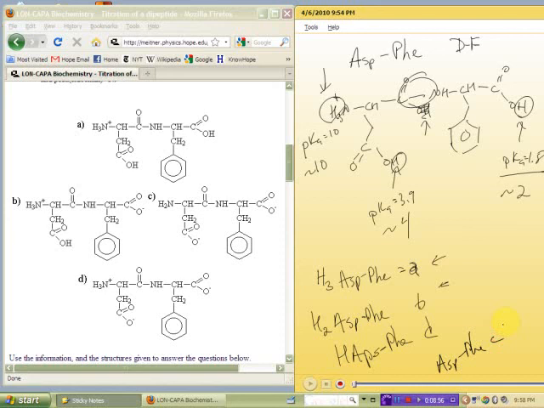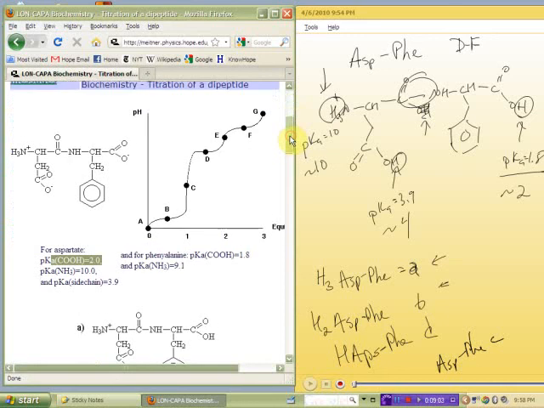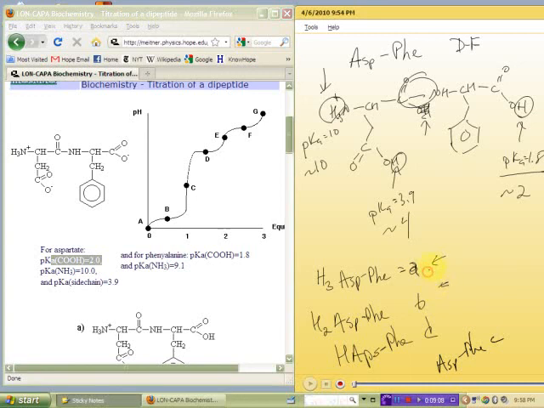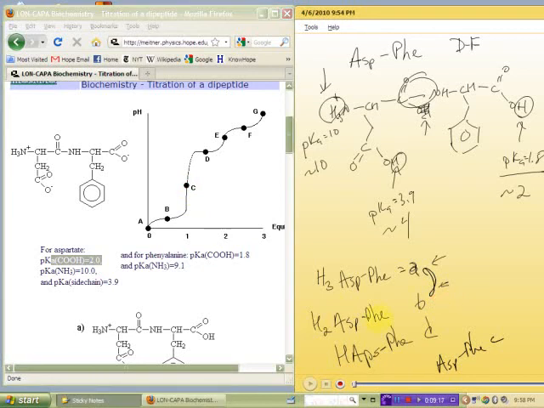Okay, so you just have to place yourself on the curve. B is going to be where you're basically 50-50 A and B. C is going to be where you're almost entirely B over here.